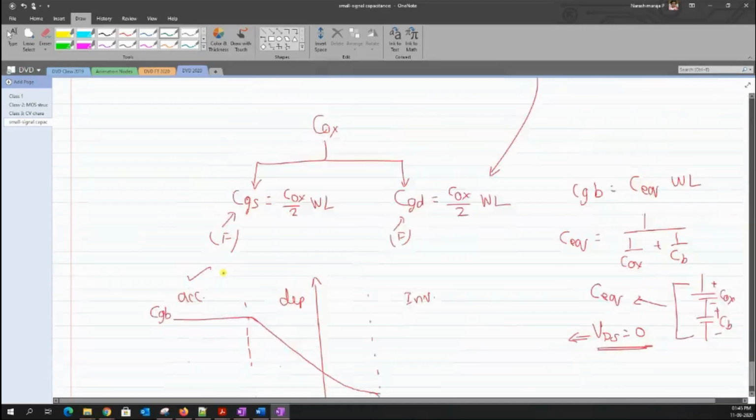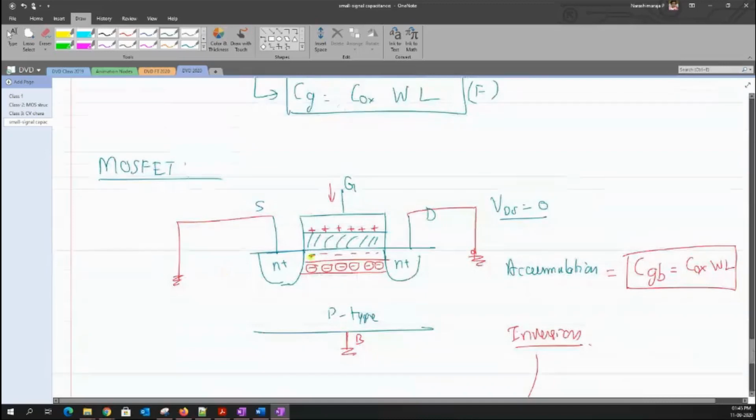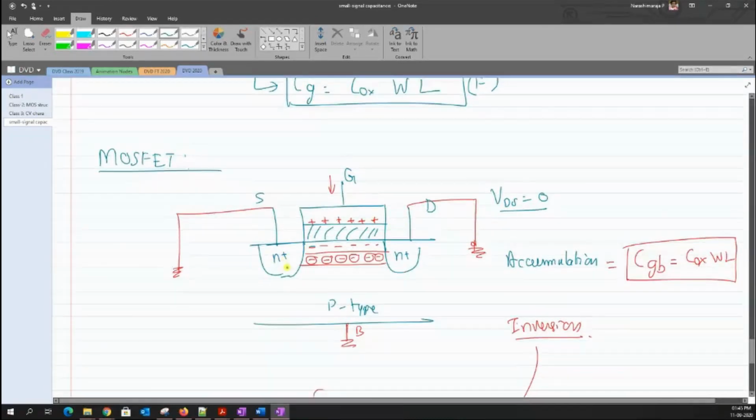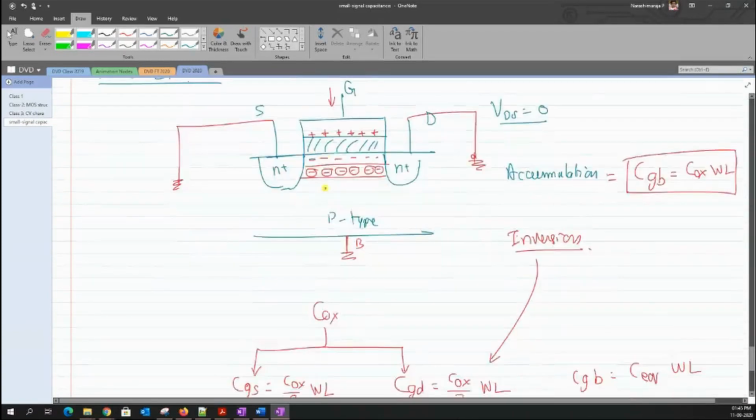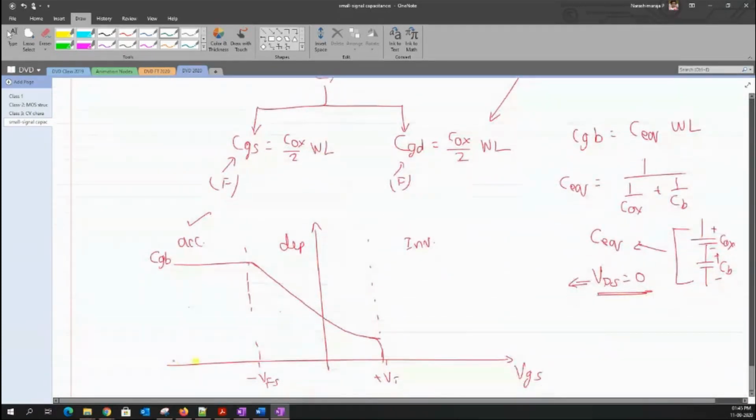Maybe the confusion is because this is actually electrons, but in the case of accumulation, what I had across the channel is a positive charge, or something like negative ions. So I cannot refer to anything with respect to the source or the drain. So those capacitances are considered to be equal to 0 when I am working under the accumulation or under the depletion region.